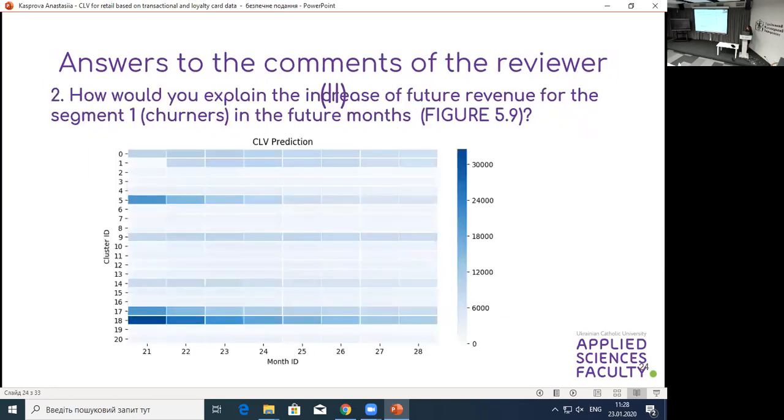And here he said that, in my work I point out that the first cluster consists of churners, and he asked how it is possible that the predicted CLV has a positive tendency with revenue, and also it was a bug and it's already fixed.